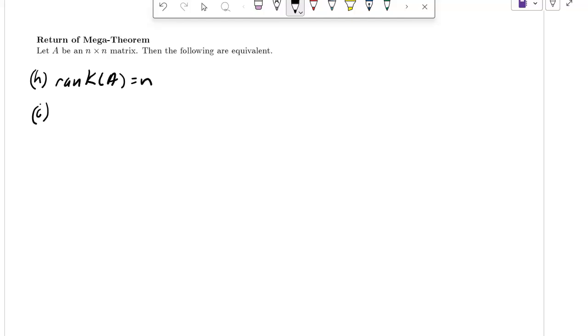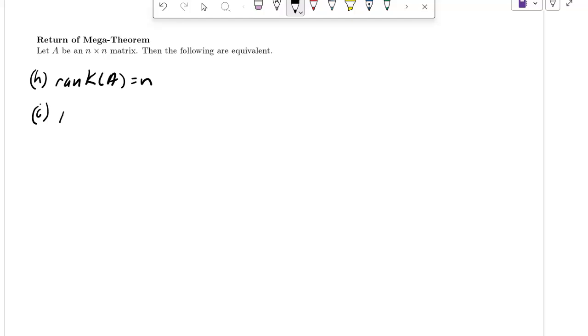If the rank is n, what does that make the nullity? 0, right? It's an n by n. Remember, rank plus nullity equals number of columns. There's n columns and it has rank n. So there aren't any free variables.